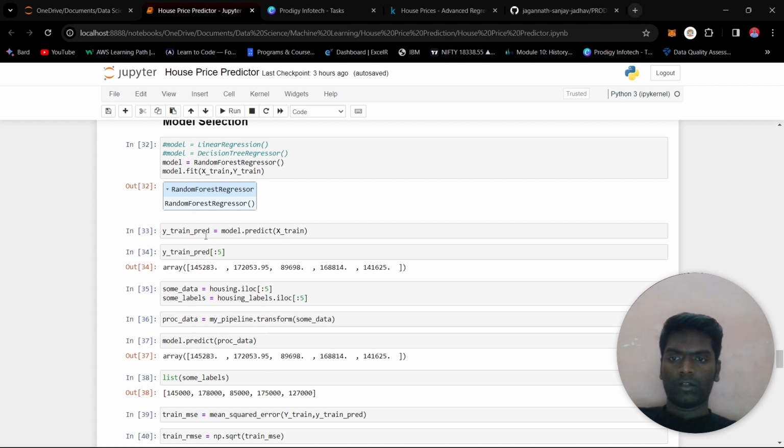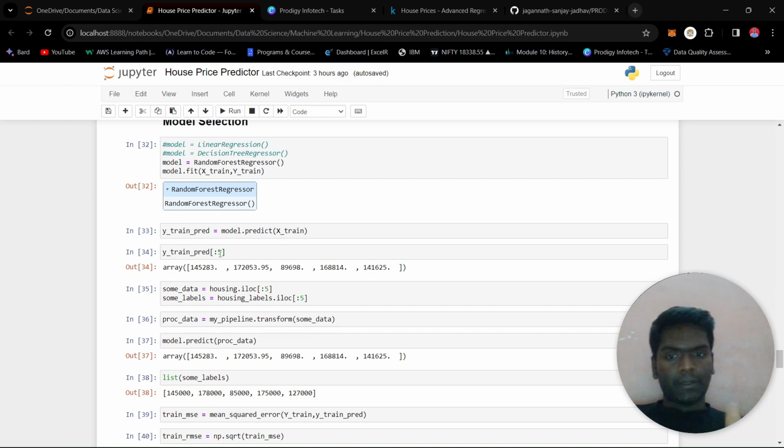We have already fit these two data sets. Now we are going to find out the predictions for X train. Basically, we have all the sale prices.